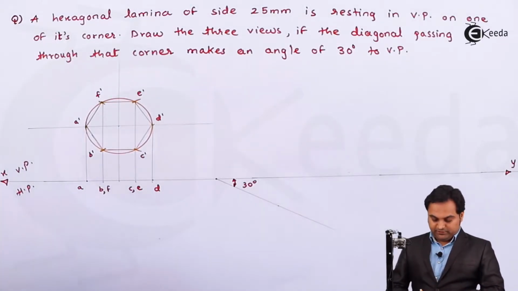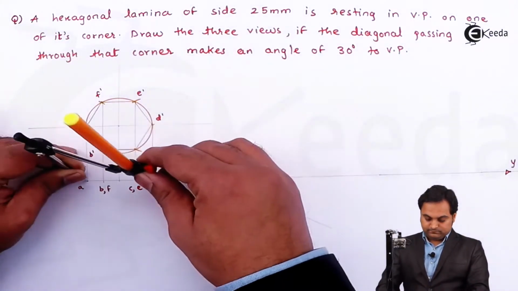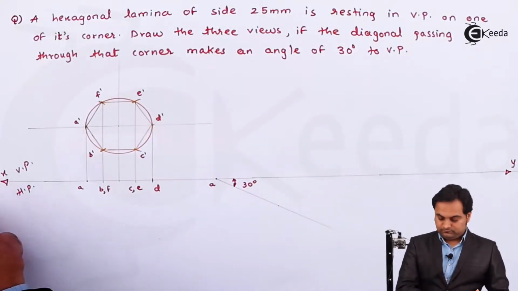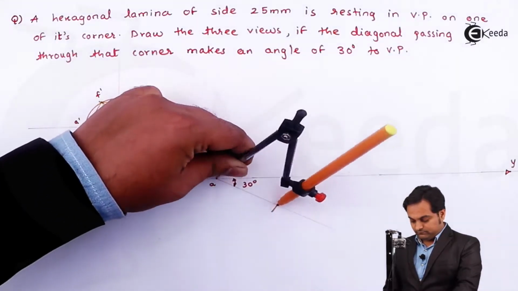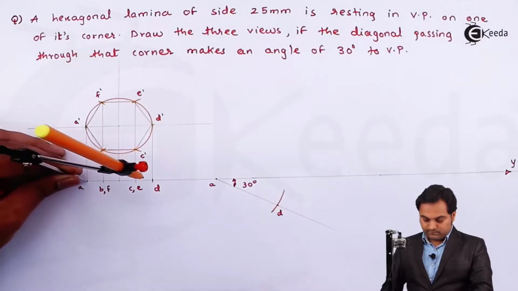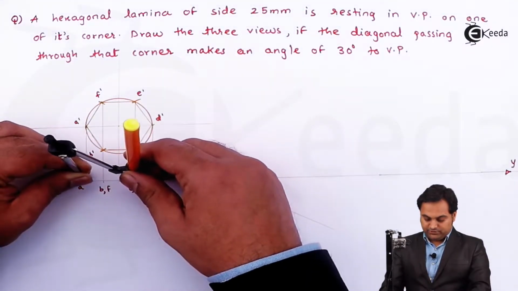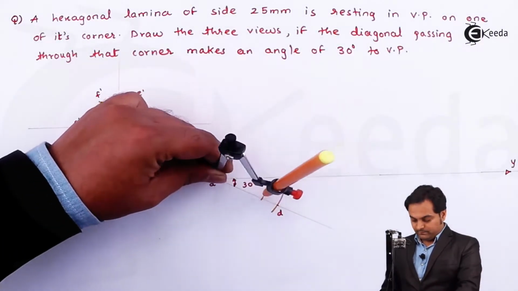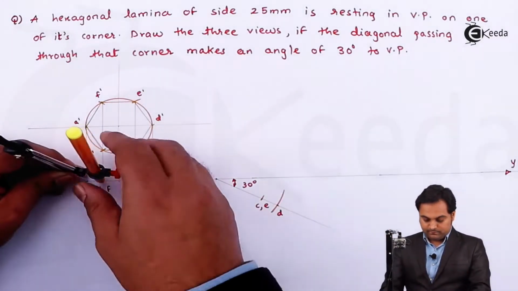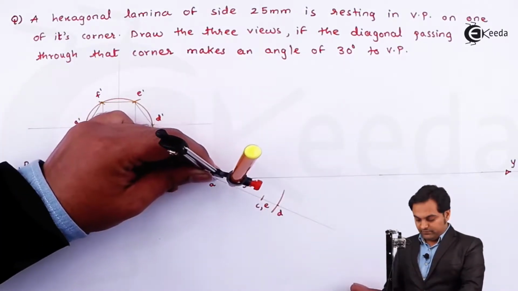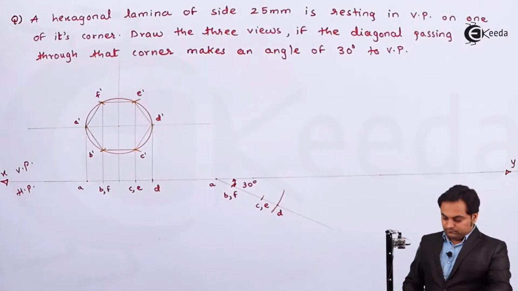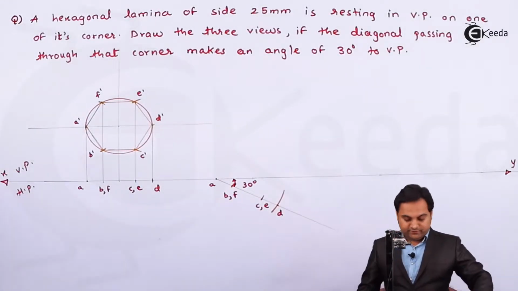I'll measure the length of the cutting plane from A to D. Measuring A to CE. A to BF. Now projecting the points in the front view.